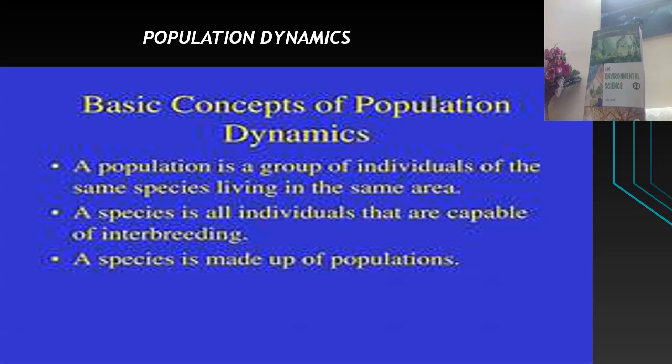These processes can be characterized in two ways: the additive process, which includes reproduction and immigration, where either the number increases or the species move from outside to the inner side of the area, and the decreasing process, which includes death and emigration.